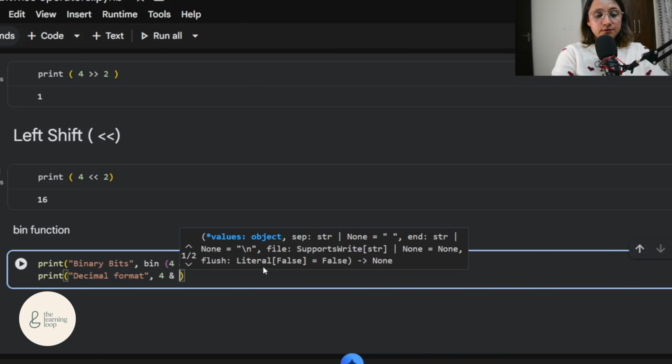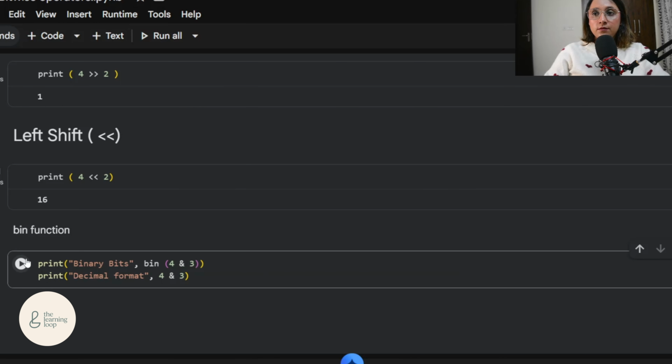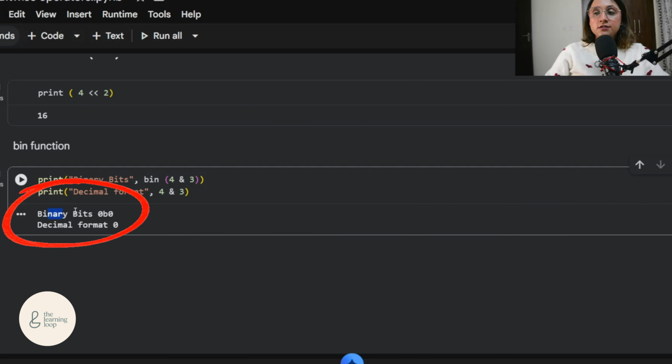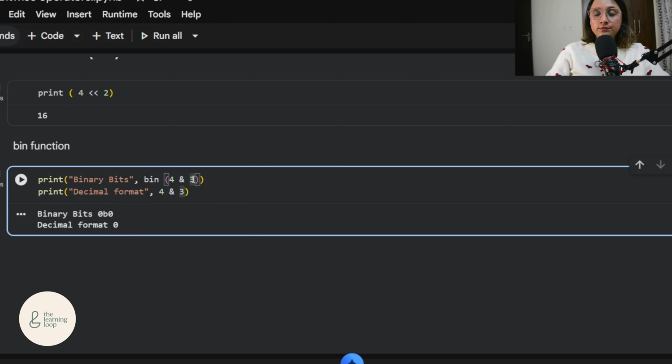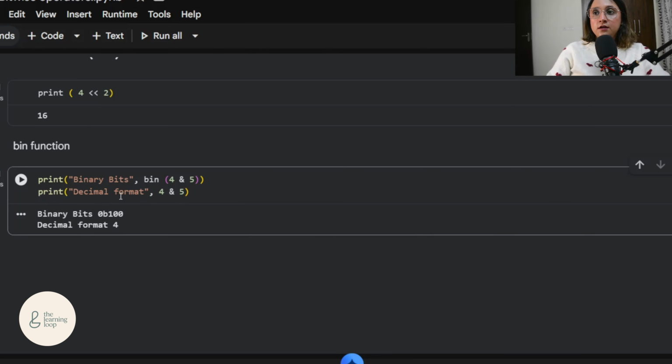I'll run it, and you can see it is giving me the presentation in binary, 0b, and whatever comes after 0b is the binary presentation. Let's say if I do 4 and 5, let's print it. You can see it is coming as 4, that is 0b100. So if you want to see the binary presentation of numbers, you can use the bin function.